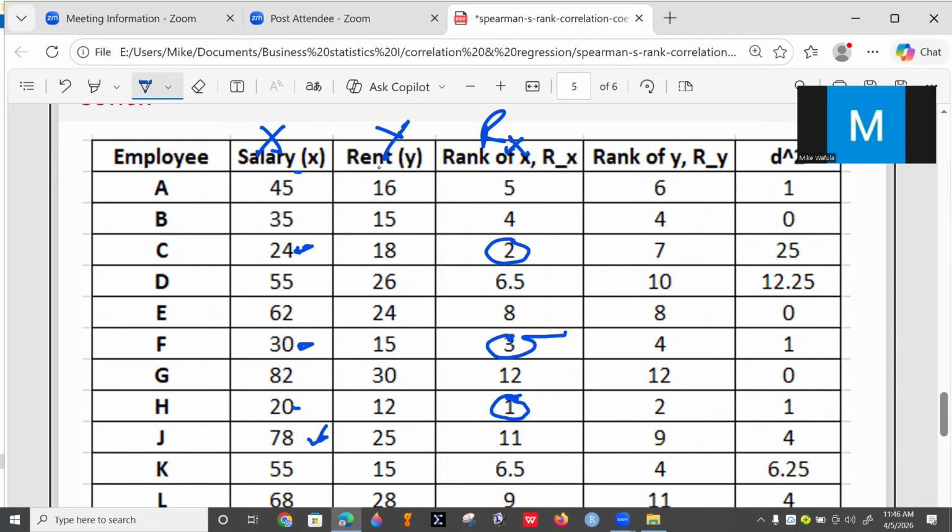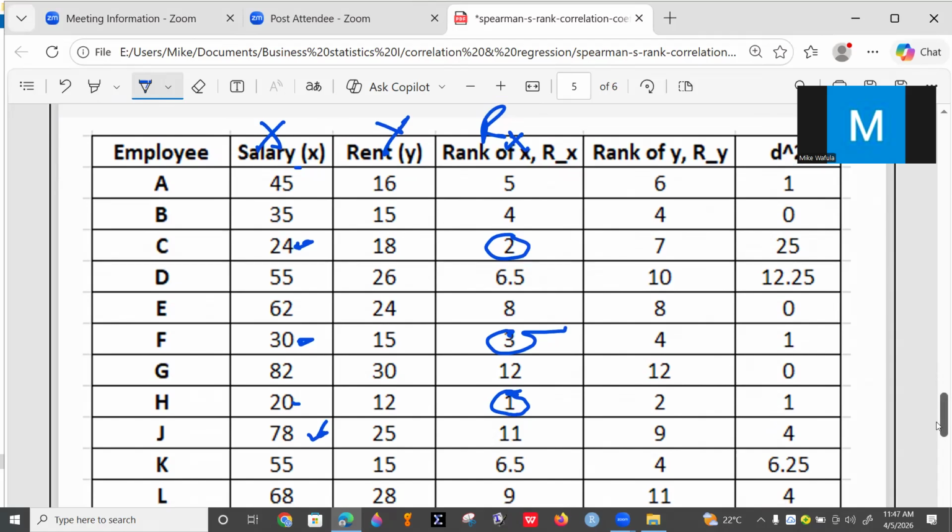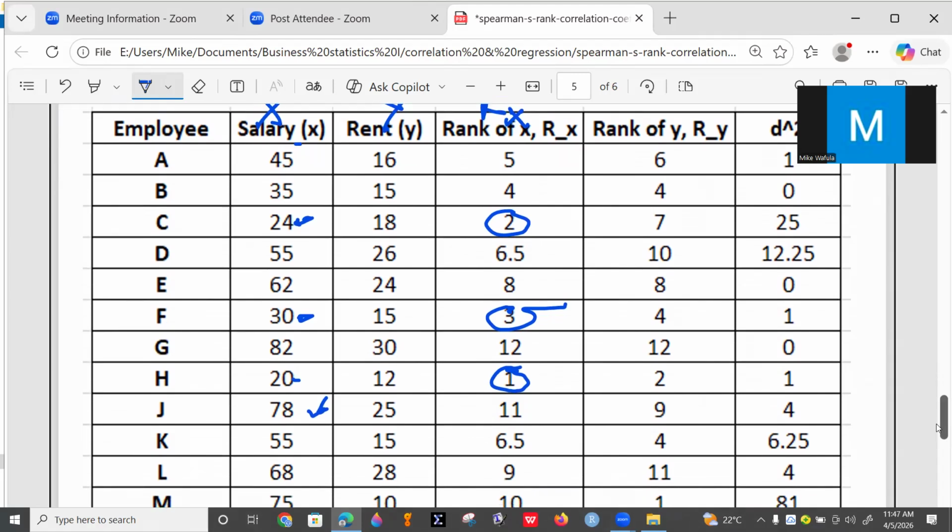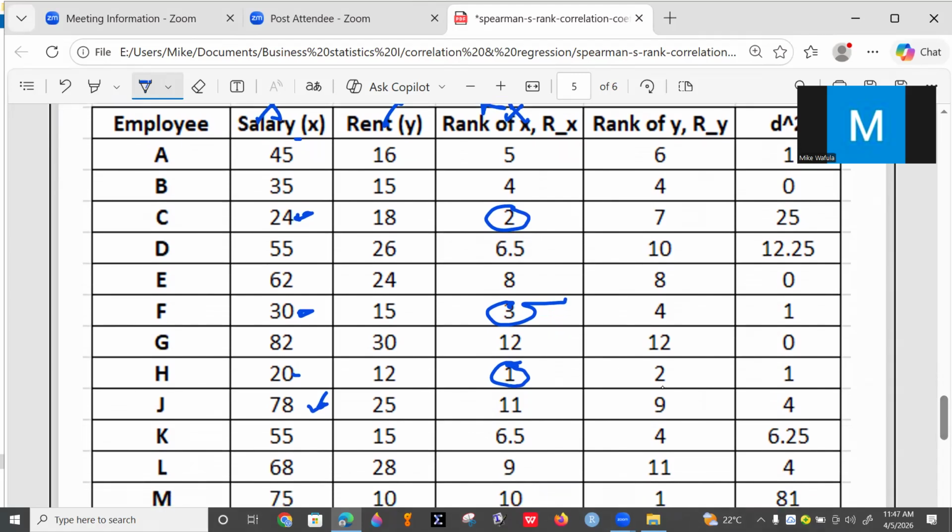We do the same to this variable Y, which is representing the rent in 1,000 Kenya shillings. Because we have a ranked salary column in ascending order, we also rank rent in ascending order. We begin again from the smallest all the way to the highest. Here the smallest appears to be 10.